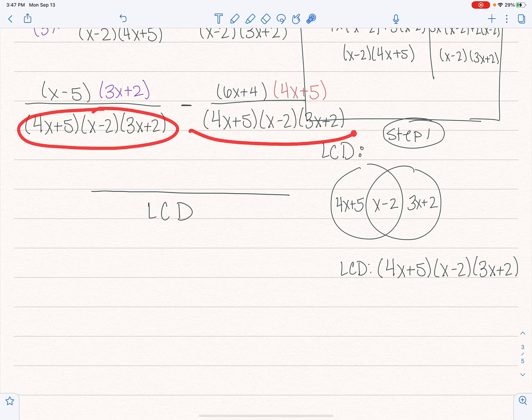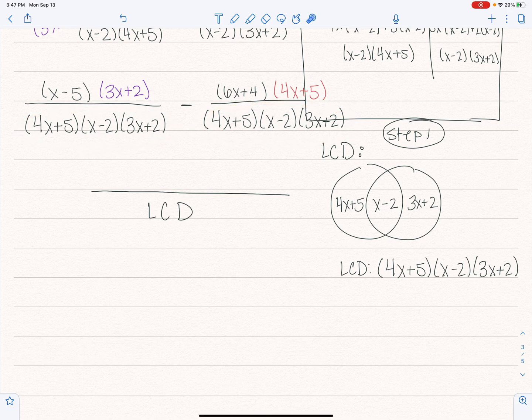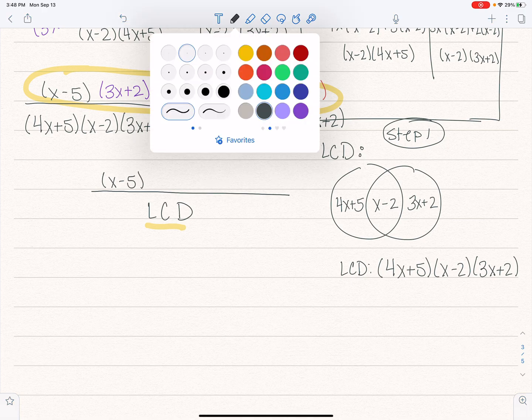All right, so here we go. This matches. So because this matches, I can take my numerators and combine them into one big fraction. So I've got the LCD on the bottom already. Now what I need is all of this stuff on top.